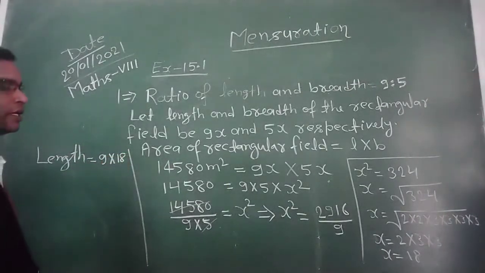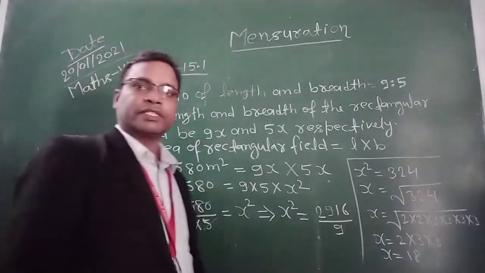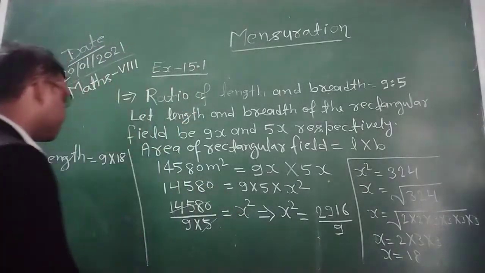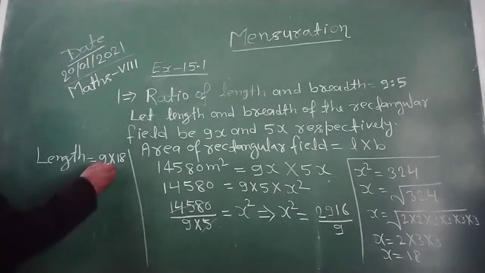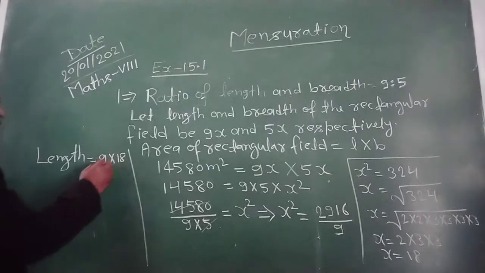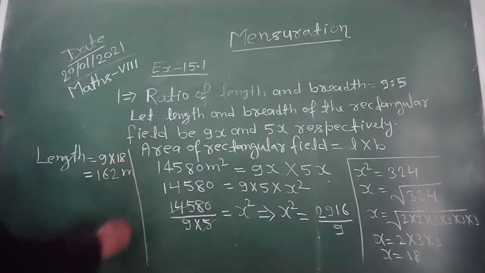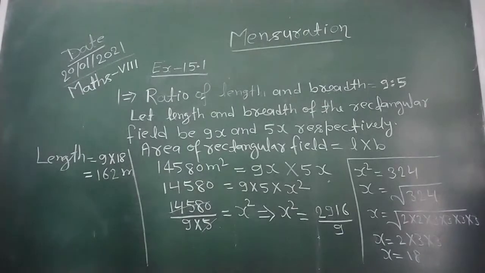Clear? Because the length is 9x and we found the value of x is 18. So this is equal to 9 into 18, so 162 meter. Clear? And breadth.